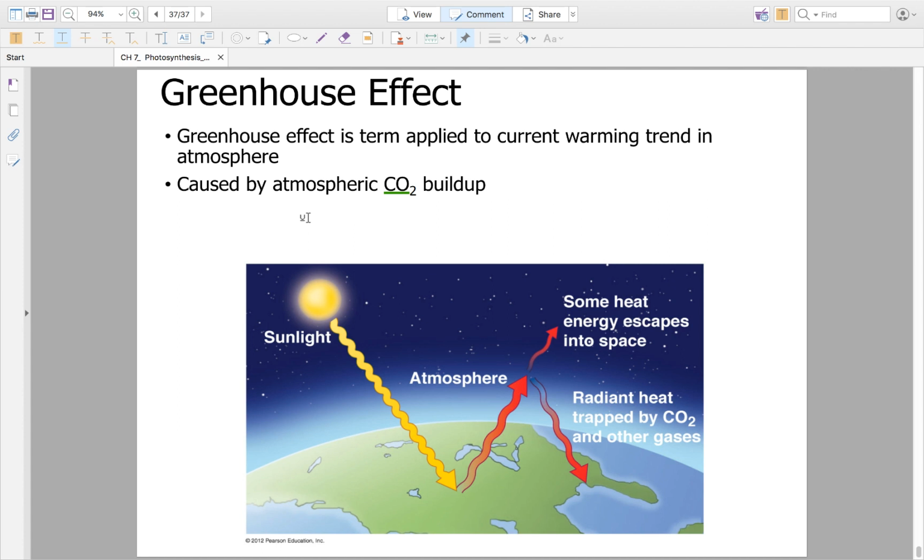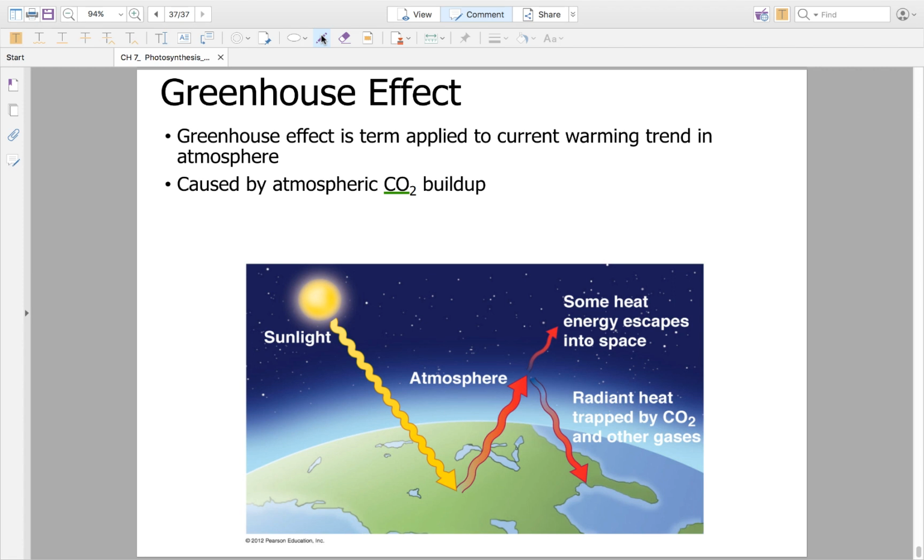What does a greenhouse do? A greenhouse is designed to trap heat inside of the greenhouse so that plants don't freeze. Now we have some in California. They're more common in very cold areas for people to have a greenhouse, and we have one at the campus, and the point is the greenhouses trap heat.